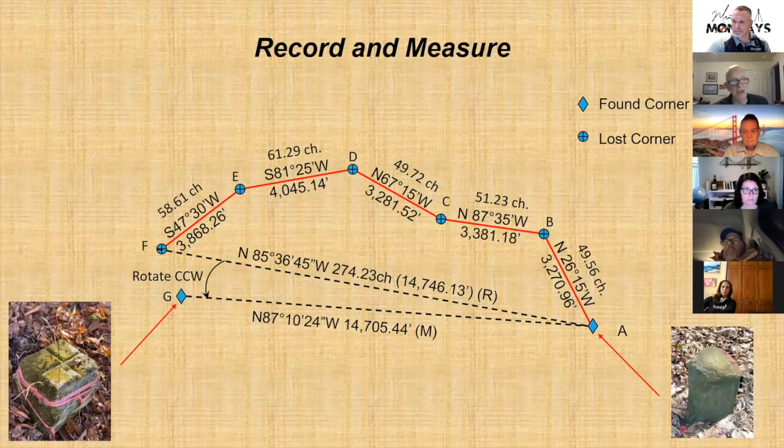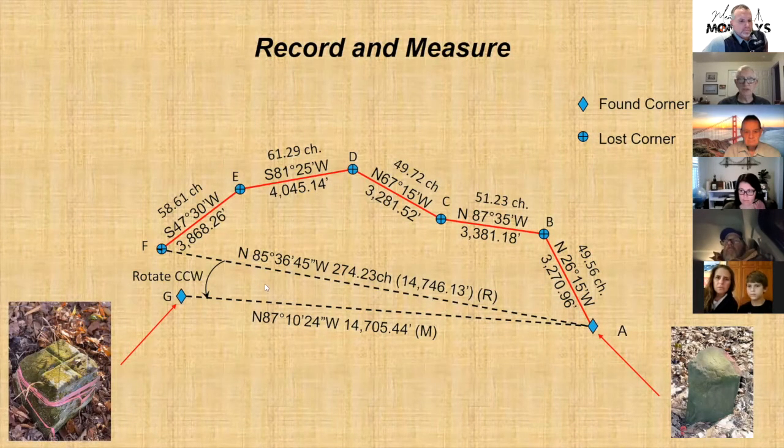That's what we have. Now, you'll notice that the bearing from A to F is north 85 degrees, but the bearing from A to G, where the monument really is, is 87 degrees and change. So we would have to rotate from point A. We're going to hold A as a hinge point, and we're going to rotate everything from the bearing of 85 degrees and change to 87 degrees and change.